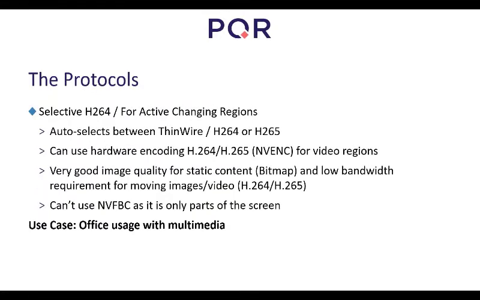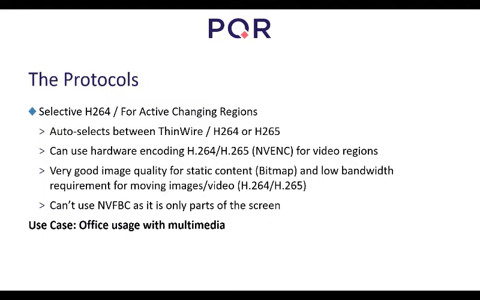And then there's a new one. It's called Selective H264, for actively changing regions. And it auto selects between ThinWire, H264 or H265 even. It can use hardware encoding. It's not needed, but it works better because it reduces CPU usage.